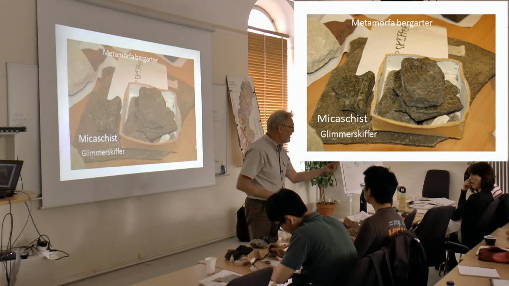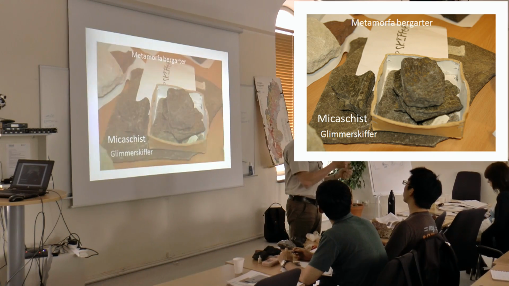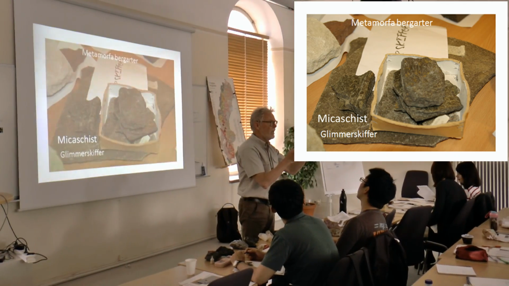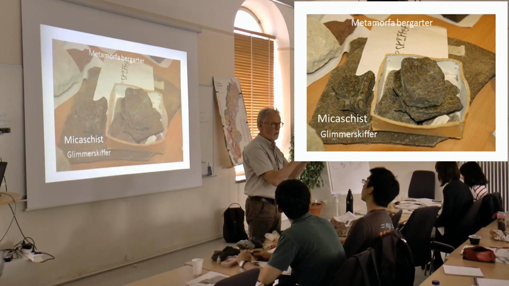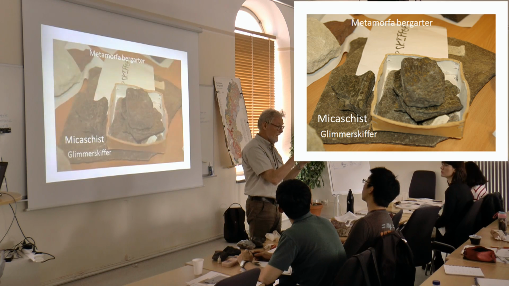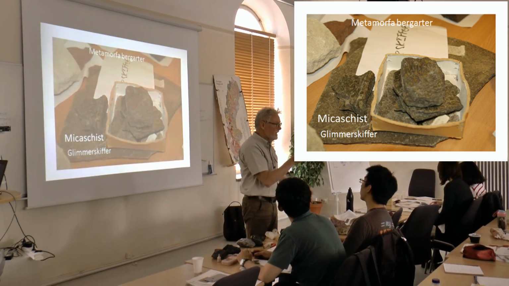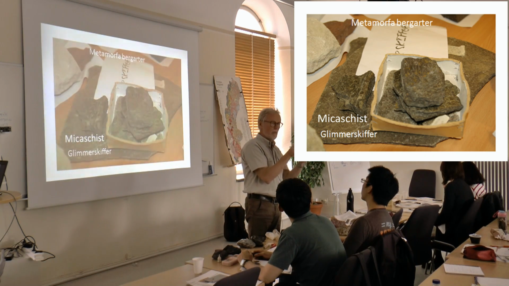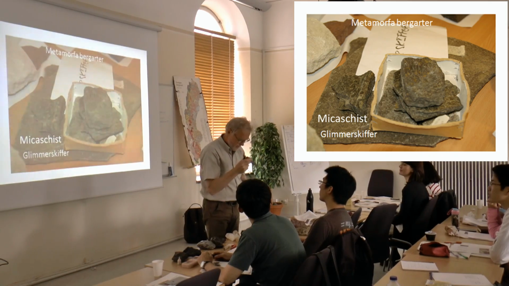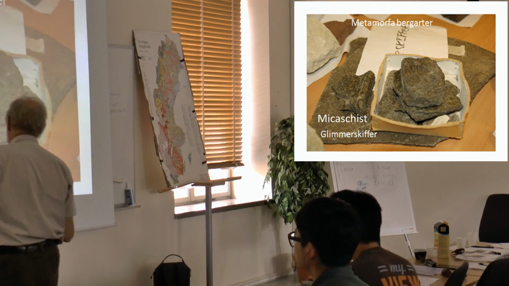If we have this slate and we press it, then it will turn into, you see that this is very dull at the surface. It's not so bright. And this is very bright because it's micas. So this is the schist, but instead of clay, we have some micas here. Mica schist. Yes, okay, you can come and look at it.